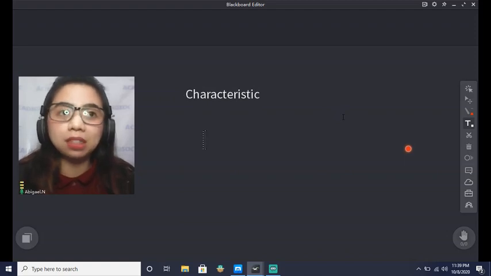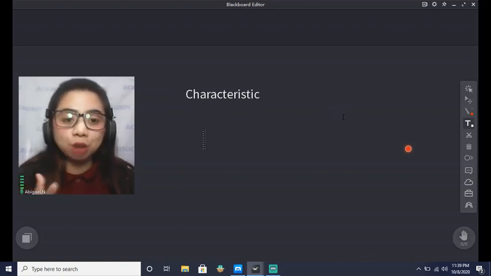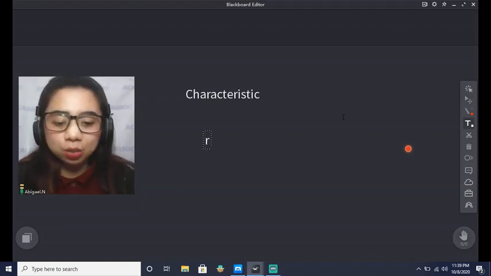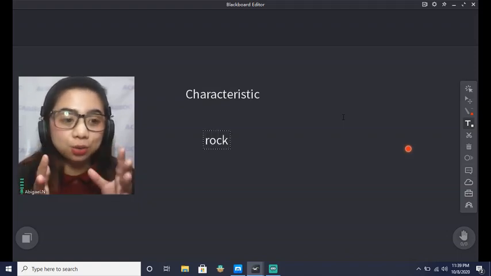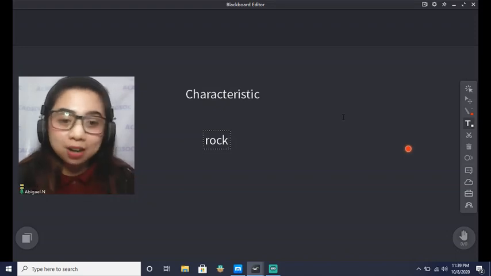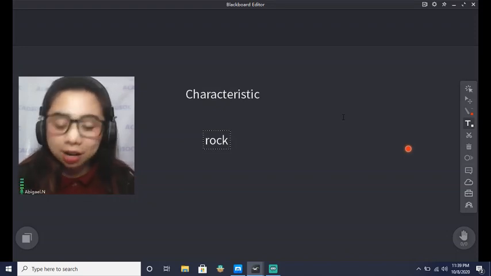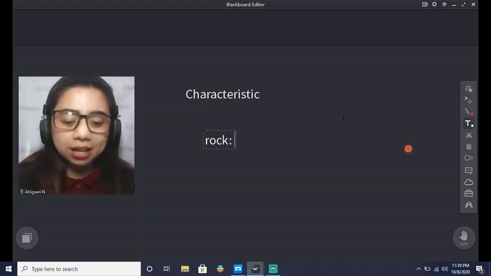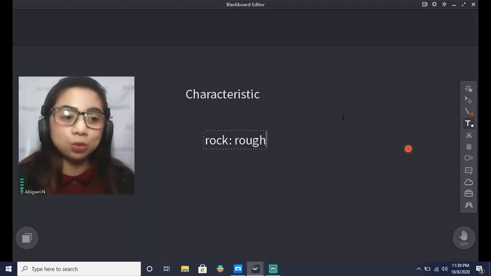Let me think of another object. How about this one? Rock. You know rock. We can see a rock outside, in the garden. So rock is to rough, right? When we say rough, it means not smooth.